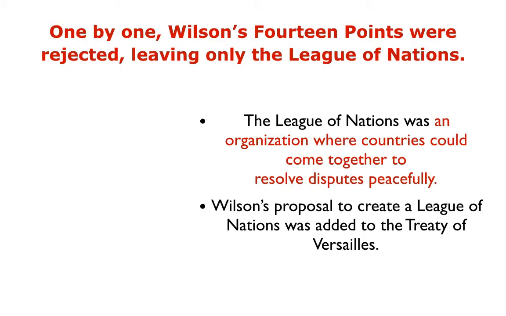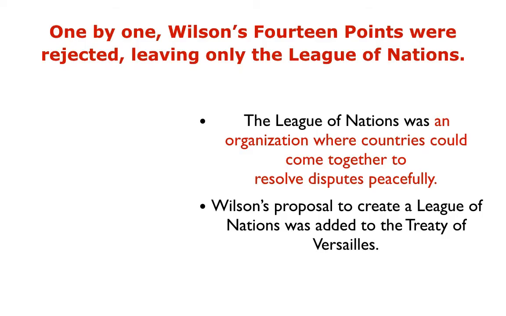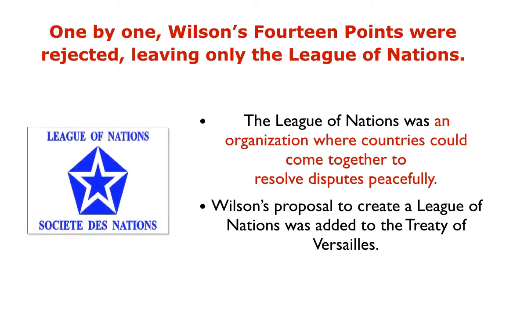Wilson's 14 points get basically tossed aside, rejected, even though they do create the League of Nations, which I guess is the one thing that does stick. But at the Treaty of Versailles, they decide to punish Germany.